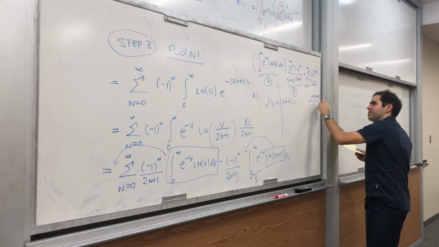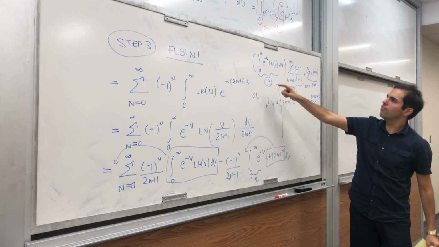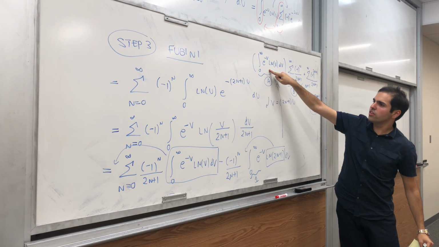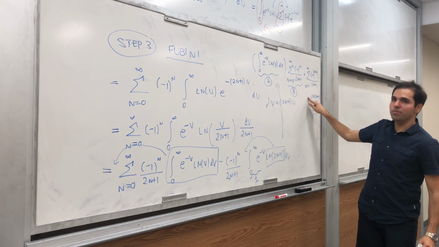And this is our term C. So all we need to do is calculate the following three terms. This integral here, the sum here, and that sum here.